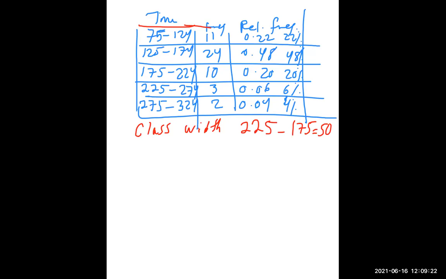The beginnings are the lower limit of each class. The endings are the upper limits of each class. And then we know class width. Now let's talk about class boundaries. To find class boundaries, again, there are multiple of them.